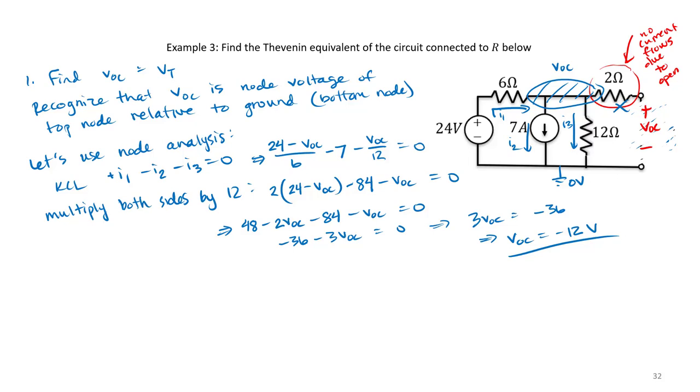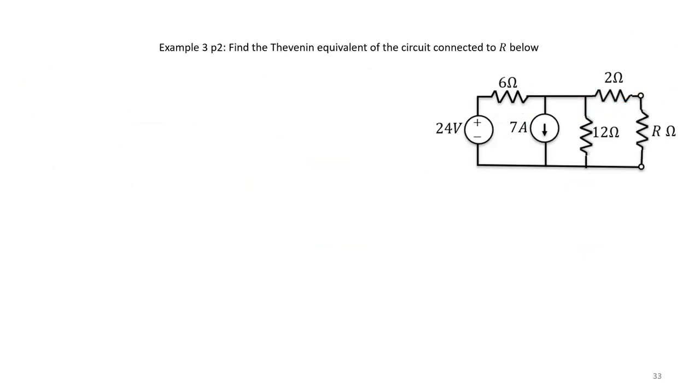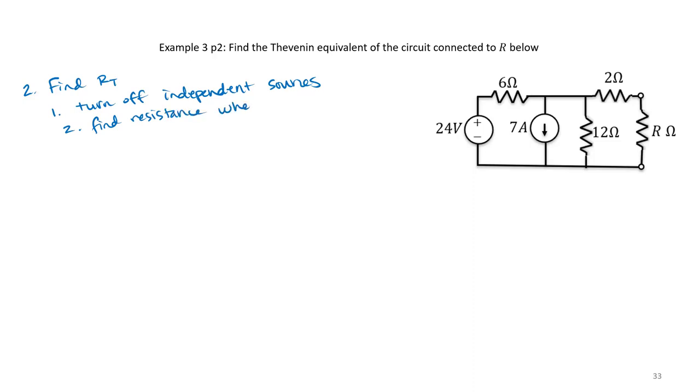Next, it's time to find our Thevenin resistance. So remember, first we have to turn off the independent sources. And then we need to find resistance when walking through the circuit from one open terminal to the other.